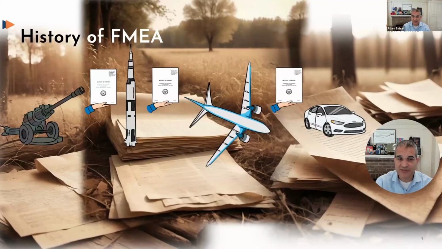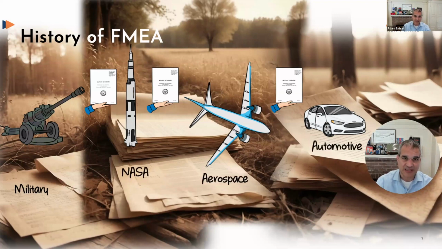So the history of DFMEA: it started with the military, and there were specific standards created. Then NASA picked it up, and again, they made their own versions of it. Aerospace and air manufacturer industries created their own standards, and then ultimately the automotive industry created their own standards. They each made their own flavor of it that was optimized for their design process and how they wanted to address risk.